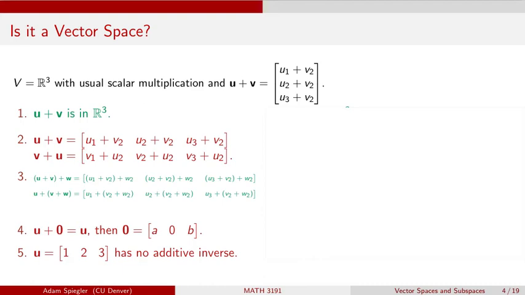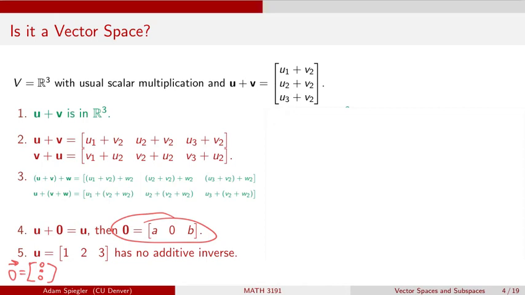And when I mean 0 vector here, I mean 0 vector in our typical sense, since this is really not what we would want to think of as a 0 vector, which is why this operation is kind of weird. So if I had a vector like u, which was 1, 2, 3, there's no additive inverse in the sense that I couldn't get the 0 vector where all 3 entries are equal to 0.